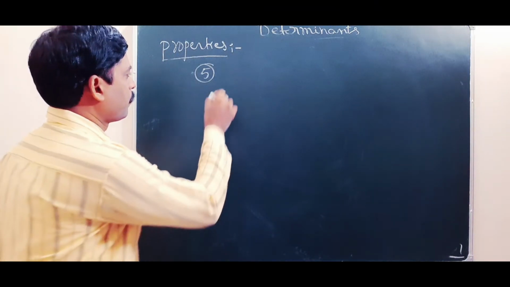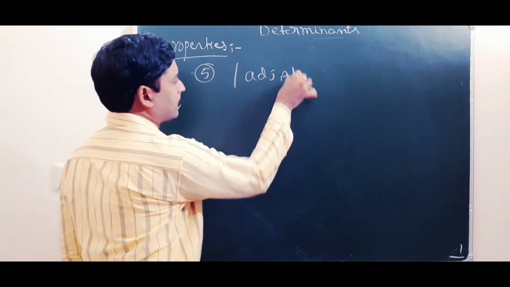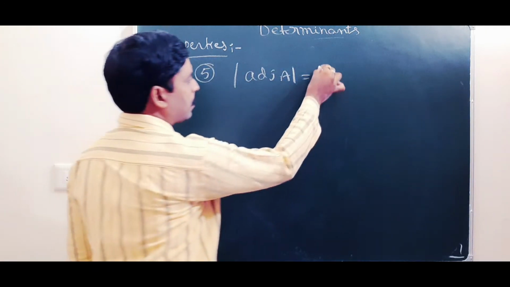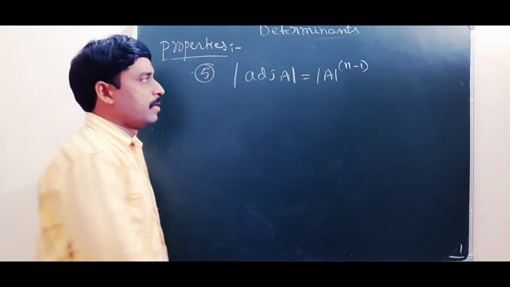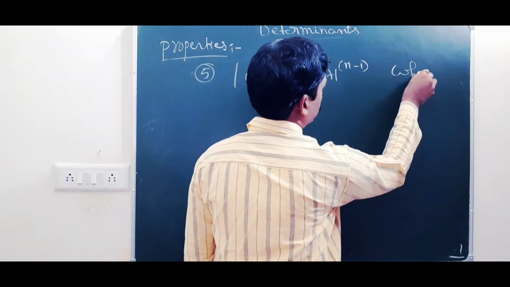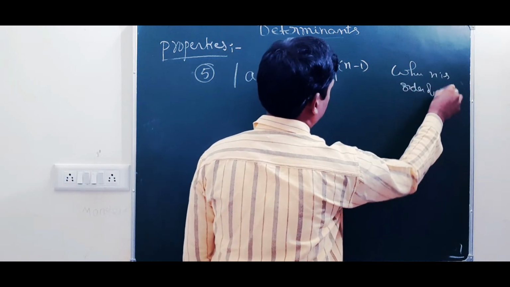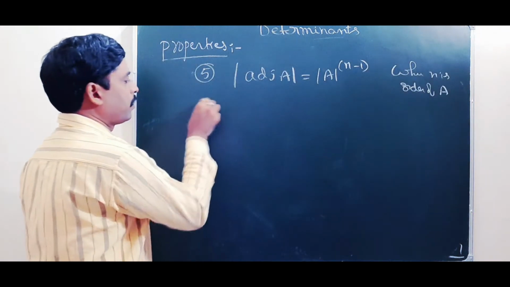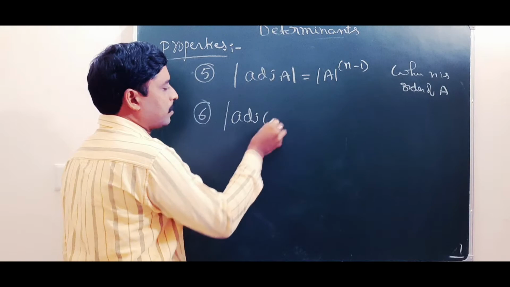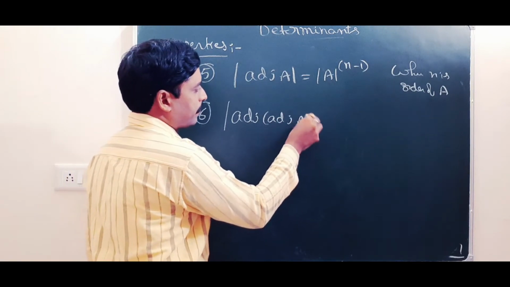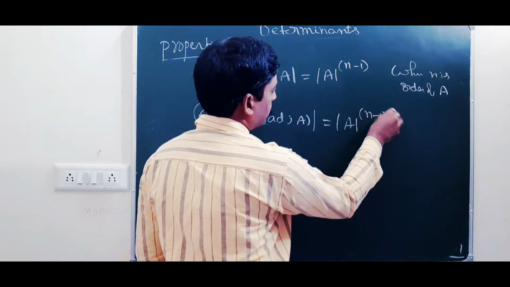Now the fifth point: det of adjoint A is equal to det A power n minus 1, where n is the order of A. Now the sixth one: det of adjoint of adjoint A will be det A power n minus 1 whole square.